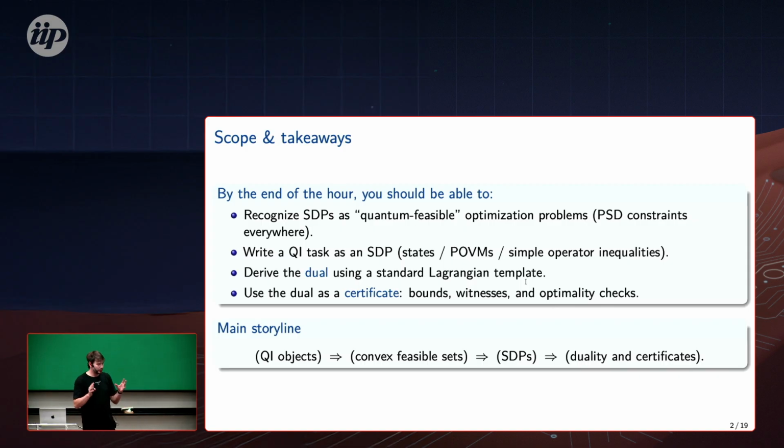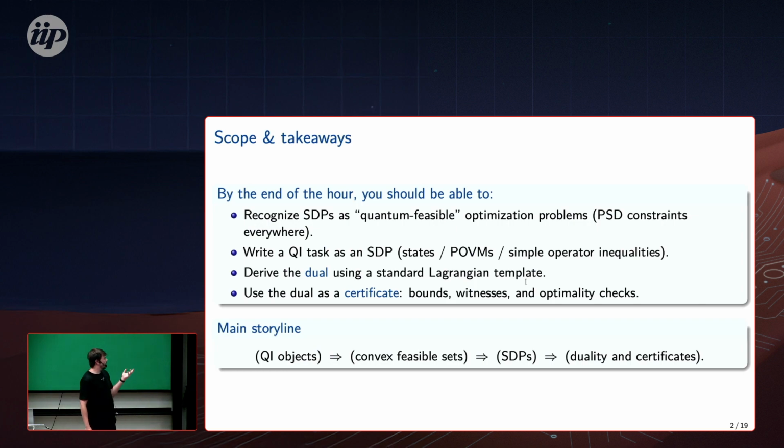Just to give you some sort of overview of what we're going to do, in the first lecture, I'm going to tell you what SDPs are, and why they are very natural from a quantum information perspective, although they actually come from convex optimization.